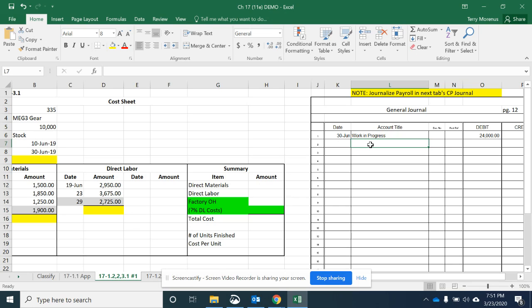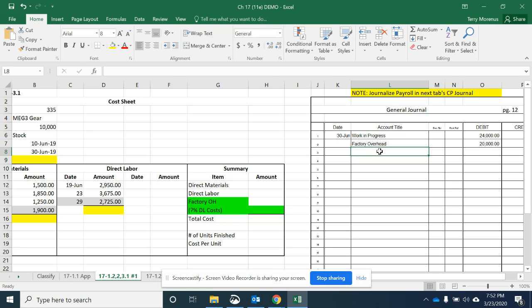We're going to call that Factory Overhead, and we're going to debit that $20,000. These are costs, expenses that directly relate to the cost of creating these gears.